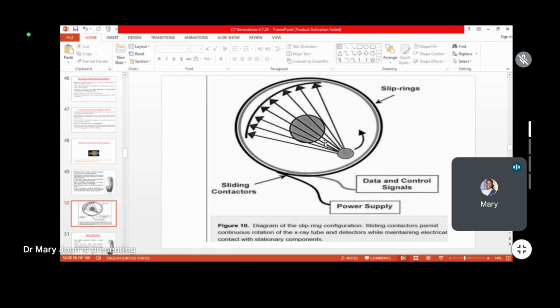It can be any conducting material, inflexible, like how we are looking at it. The X-ray tube and the detector array should be able to smoothly pass over, at the same time receiving the required power supply from that.